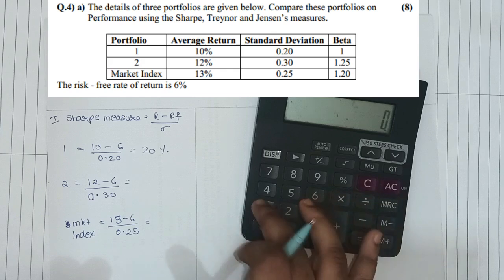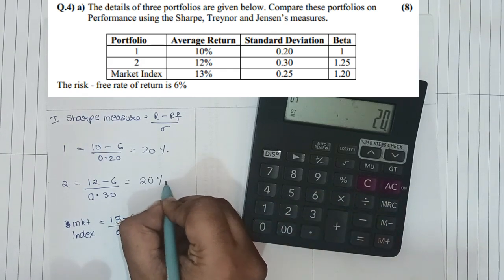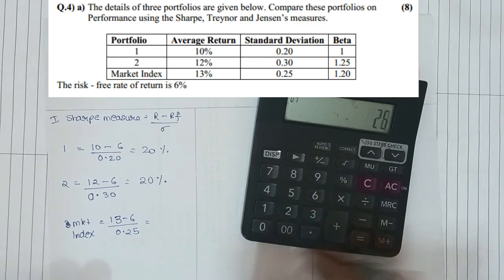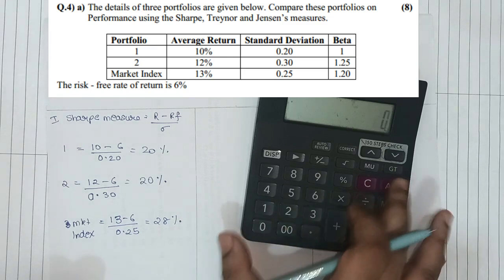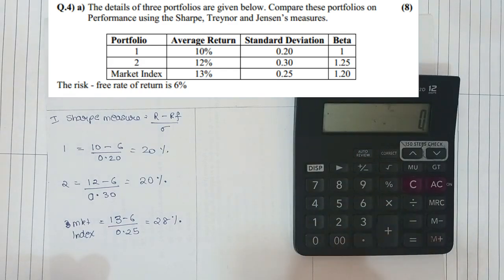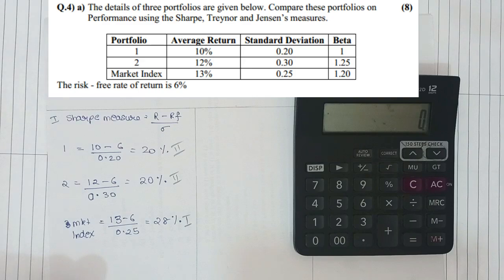Again 12 minus 6 divided by 0.3, we get 20%. 13 minus 6 divided by 0.25, we get 28%. Okay, if I have to rank them, this will be rank 1 and these two will both be rank 2.